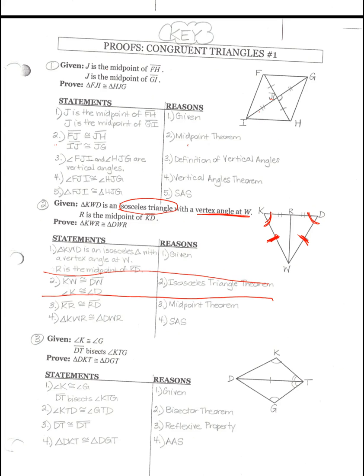We were told it was an isosceles triangle. We were told where the vertex angle is. So by the isosceles triangle theorem, we're able to say, yes, those pieces have to be congruent to each other. We also know that R is the midpoint of segment KD. If R is the midpoint, then these 2 pieces are congruent to each other.